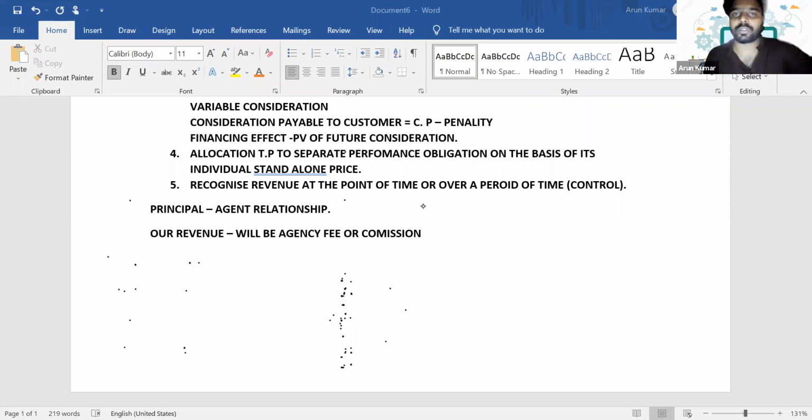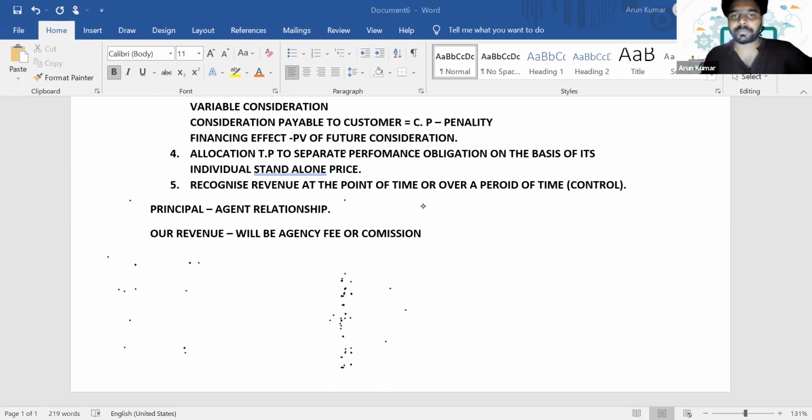In that scenario, we'll account for the revenue as per IFRS 15. But since you're acting as an agent, you cannot recognize the whole amount of consideration as your revenue. Your only revenue should be the agency fee or the commission.